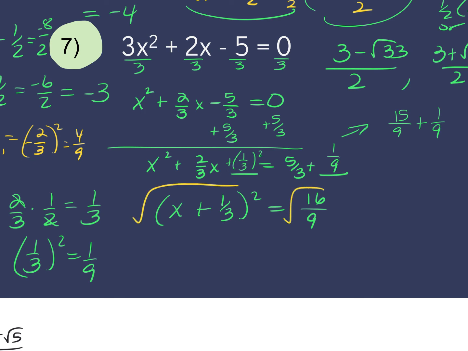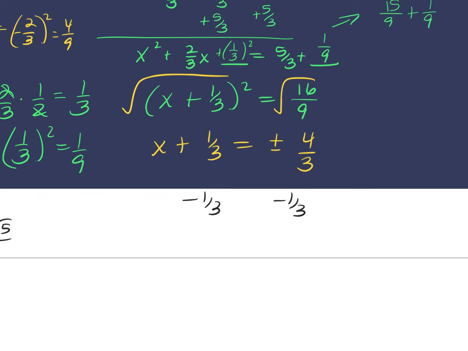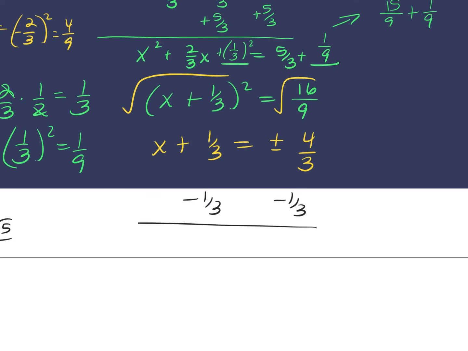It's a perfect square. Plus or minus 4/3. Move the 1/3: negative 1/3 plus or minus 4/3. And then you've got to simplify it because the radical disappeared. So x equals -1/3 plus or minus 4/3.